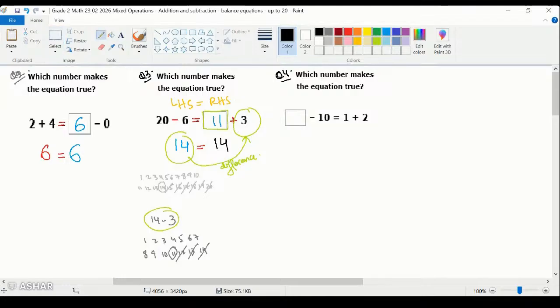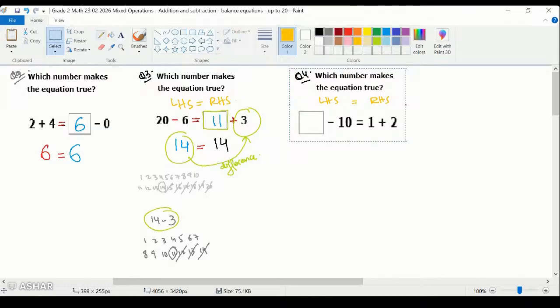The values over here are, this is the left hand side of the equation, and this is the right hand side. Okay, so the question is telling us that a larger number minus 10 should be equal to 1 plus 2. Okay, so what is 1 plus 2?